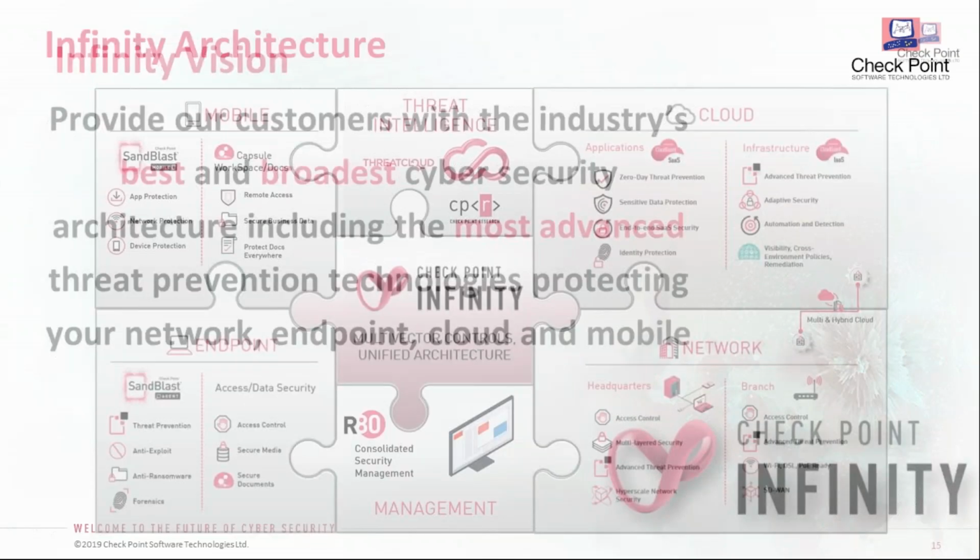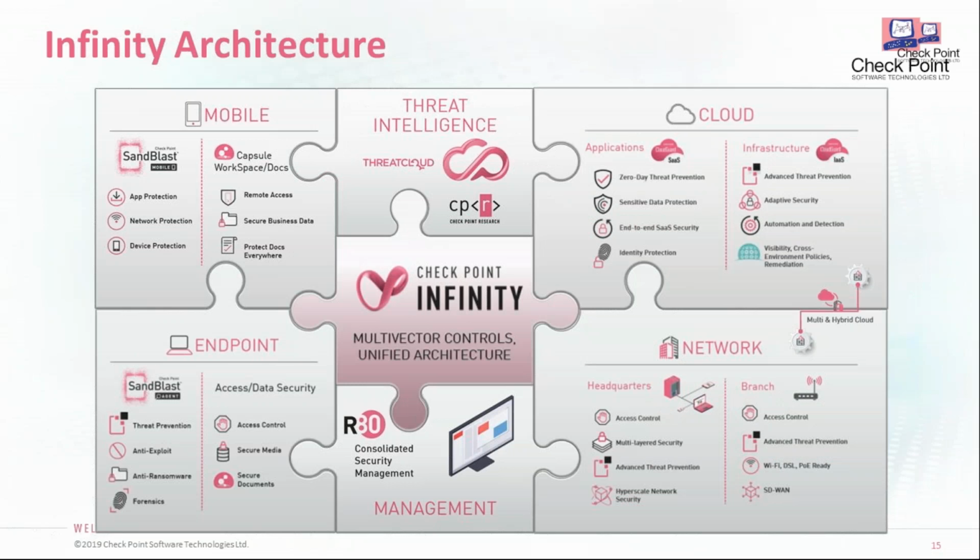So if we want to visualize this, this is probably the best slide today, to look at how this all works together. If we start down in the bottom right in the network area, this is where most people on the call today will know Checkpoint. This is our bread and butter. This is our firewall, our security gateways, whether they sit in your headquarters, in your branch, or in your data center.